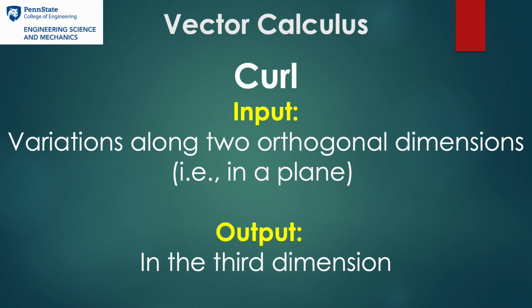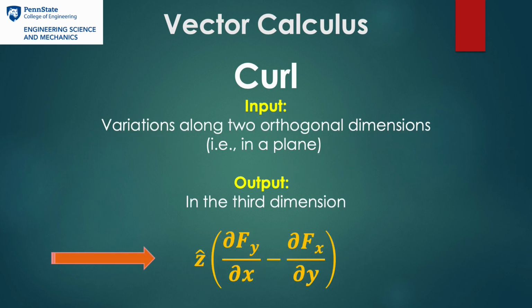Wow! Variations of a vector along 2 dimensions interact to produce a resultant in the 3rd dimension. And that you can see from the simple Cartesian expression here.